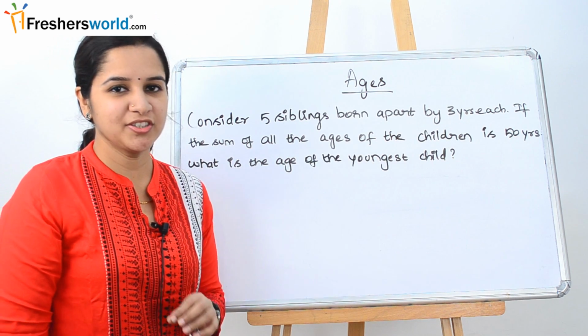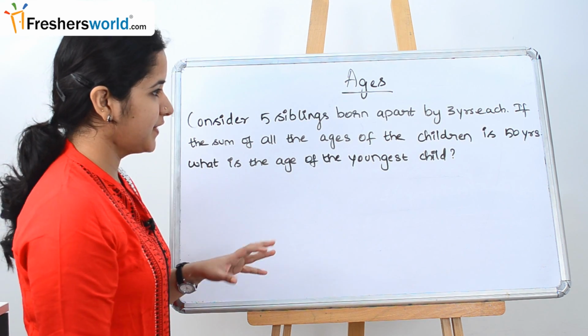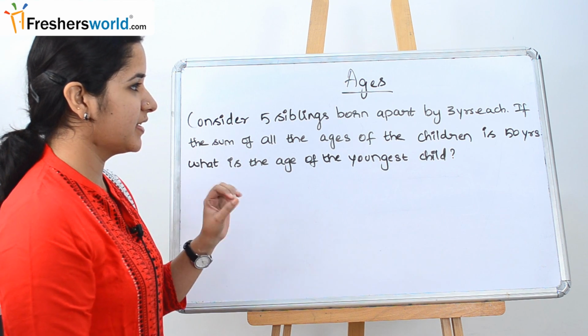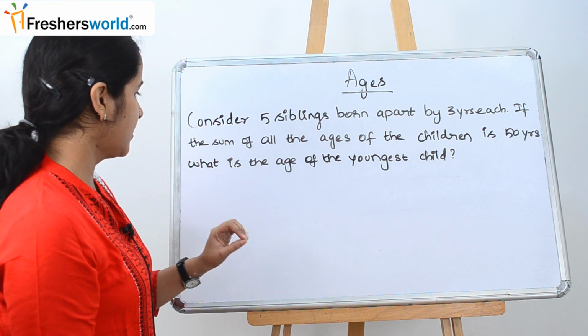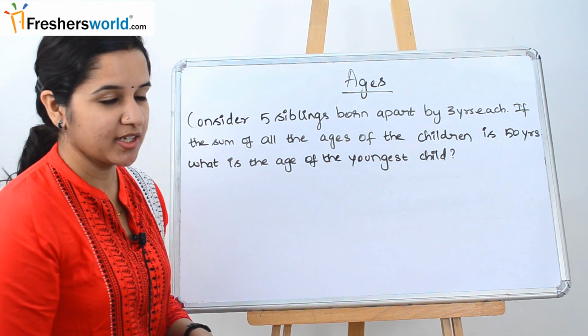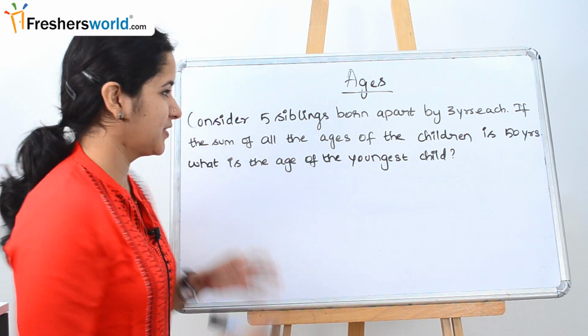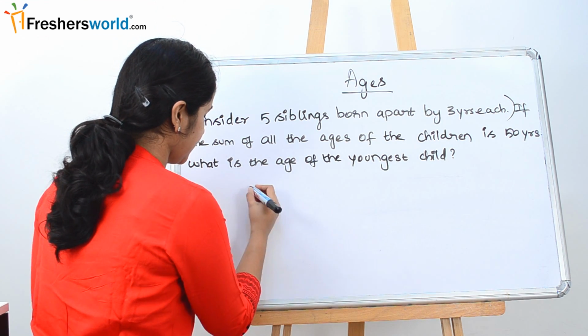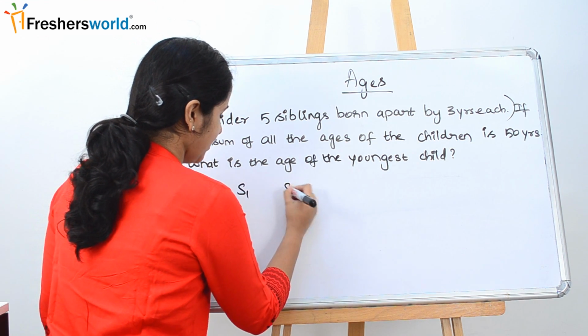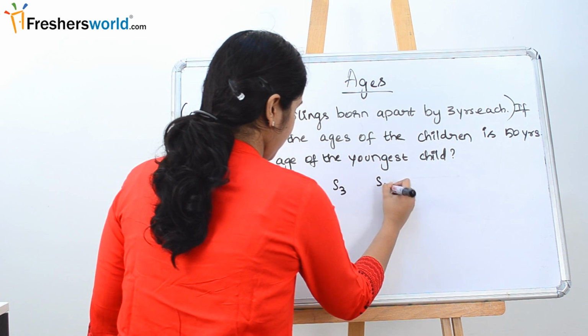The next question that they have given is, consider 5 siblings born apart by 3 years each. If the sum of the ages of the children is 50 years, what is the age of the youngest child? As I have told earlier, split the question. Consider 5 siblings born apart by 3 years each. So, let's first consider them: sibling 1, 2, 3, 4, 5.